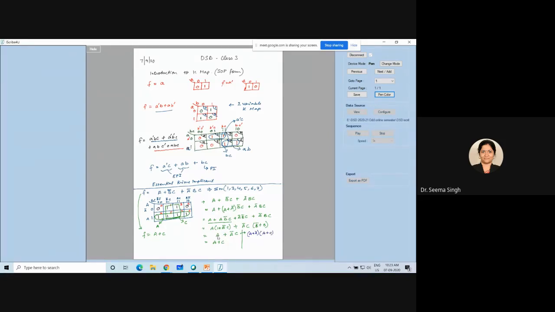I have distributed this A to A bar, so it became A plus A bar, and distributed this A to C, so A plus C. And with an AND here, because between A bar and C, one AND is there. So A plus A bar became 1 dot A plus C. So answer is again A plus C.